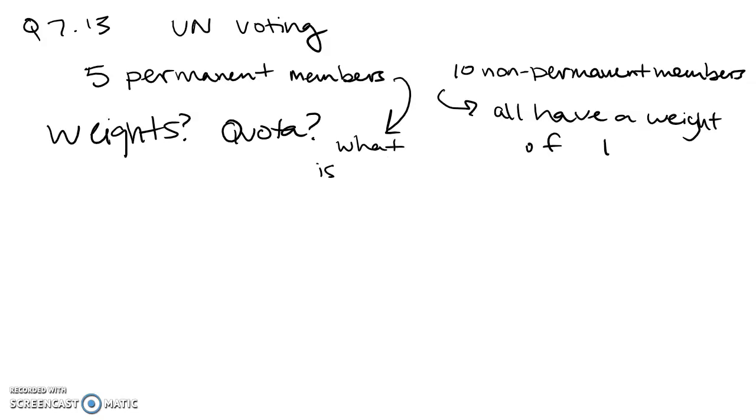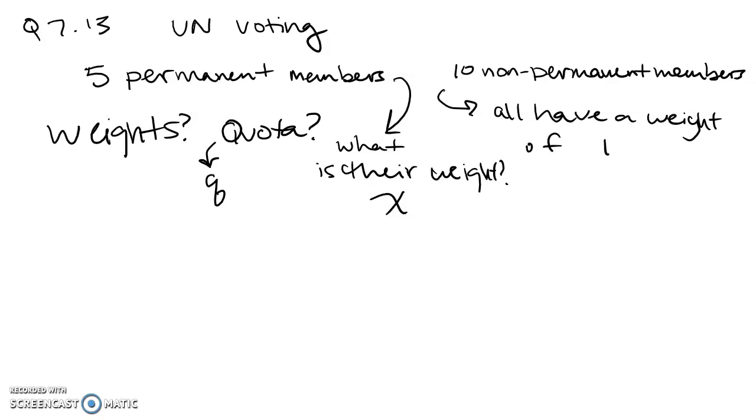What is their weight? Let's just call it X for now. Then we can think about an arbitrary quota, and if that exists, let's call it Q.